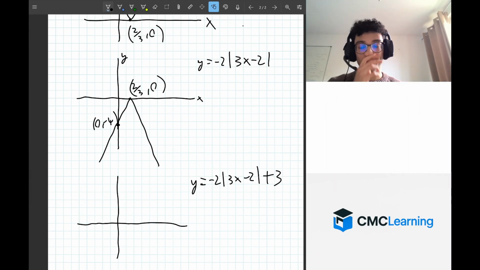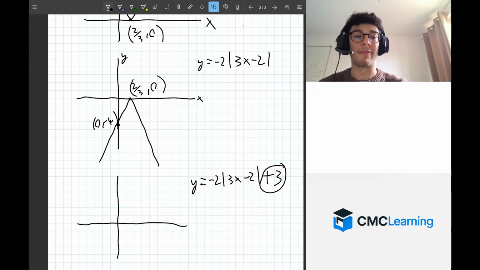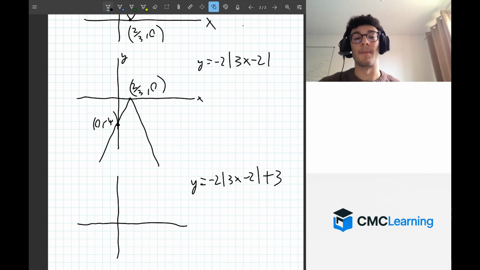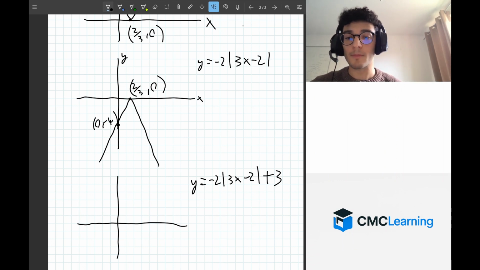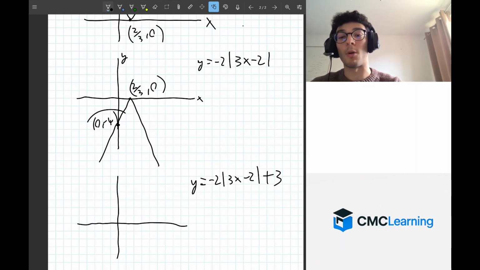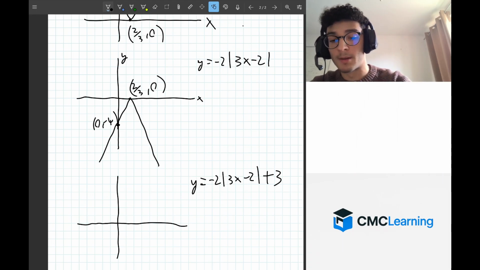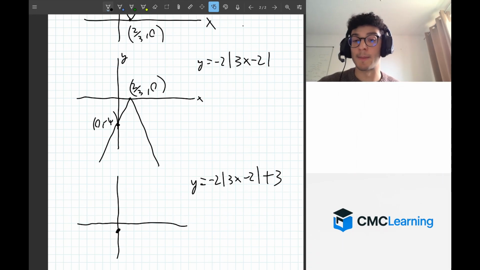So all we need to do now from this previous step is add 3 to the y coordinate of every point. So again, those familiar with functions, we're just shifting this vertically by 3 units. If we were to plot each of these points, we can see that 0, -4 would now become 0, -1. So we can plot that point here.